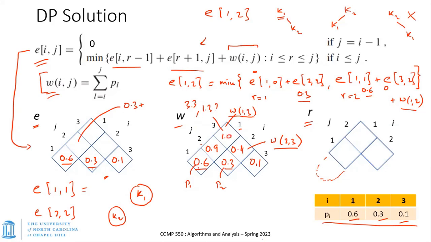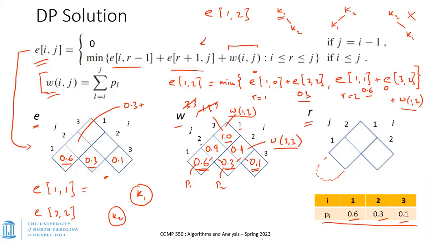Why is that? Because you're simply summing up these values. So simply saying, what's the probability that 1 or 2 or 3, any one of those keys is selected, and that's clearly all the possible keys, which has to be 1. So it's not going to be 3.3, it's not going to be 1.3. This is going to be 1. This is going to be the sum of these two, this is going to be the sum of these two, and so on. So that's the weight table, the weight matrix.